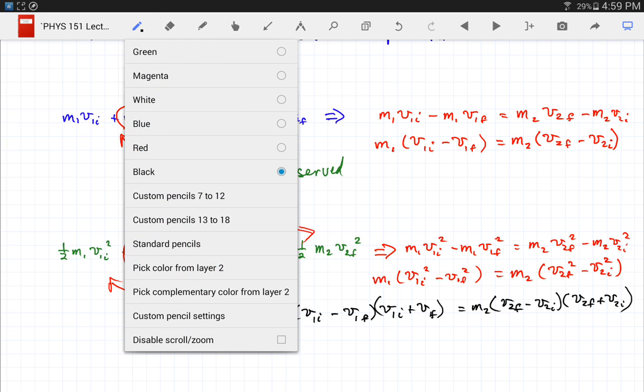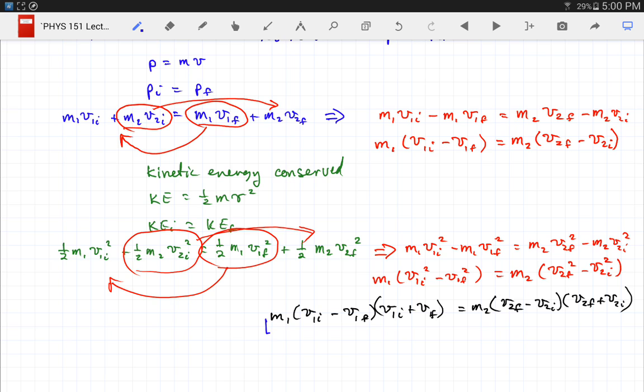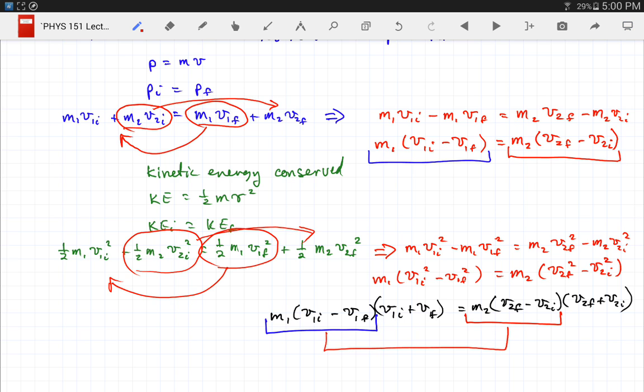But now we note that this right here is exactly the same as this right here. And furthermore, this right here is exactly the same as this right here. So that means this and this are equal.